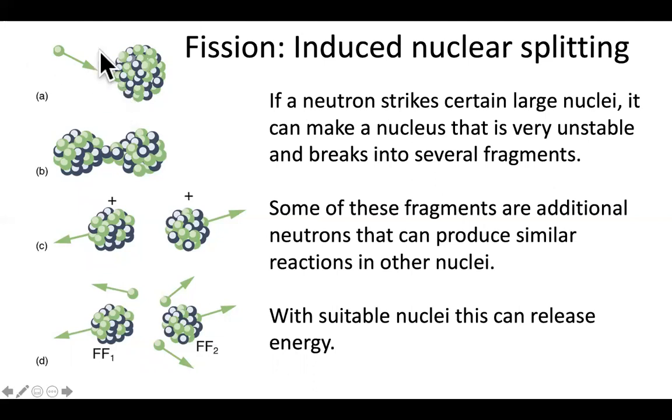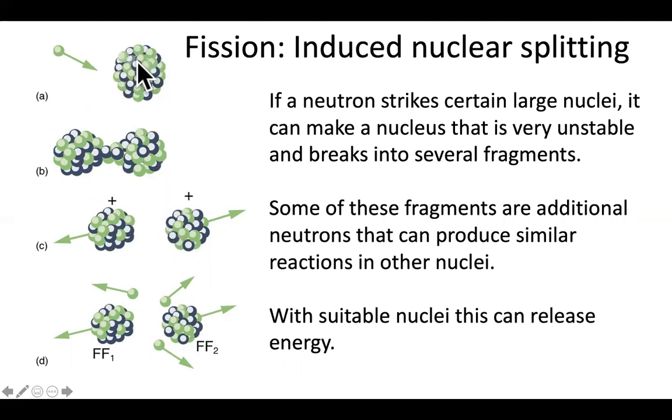But certain nuclei are not particularly stable. If you add one neutron to them, it starts changing the configuration of protons and neutrons in a nucleus in such a way that the nucleus actually pulls itself apart into at least 2 fragments.